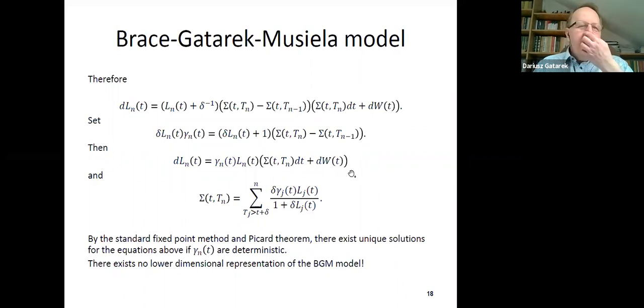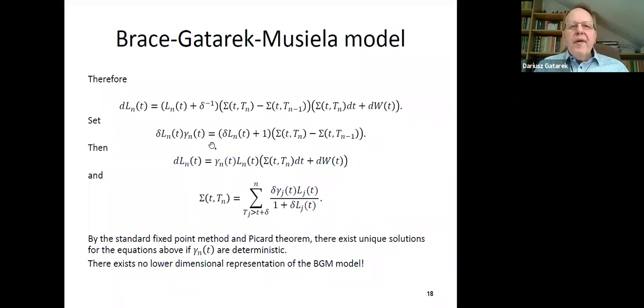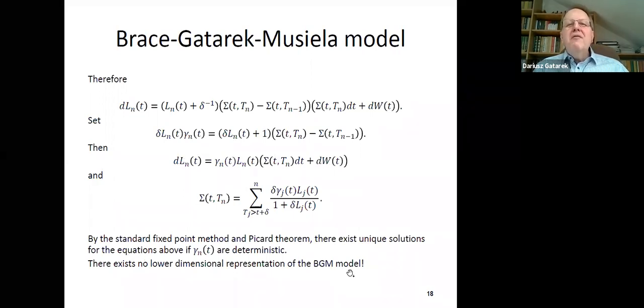And you've heard probably that I was speaking so much about Markov representations and Markov potential theory, link between stochastic processes and partial differential equations. So the downside, maybe the biggest one, of the Libor market model, sorry, I should forget the word Libor, call it BGM model, is that there is no lower dimensional representation of the BGM model.